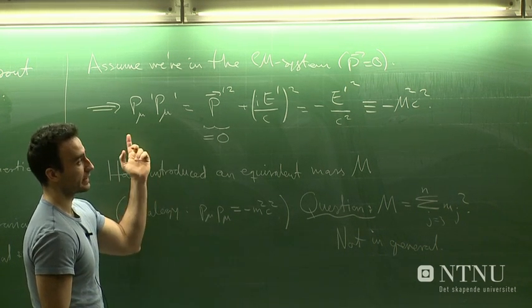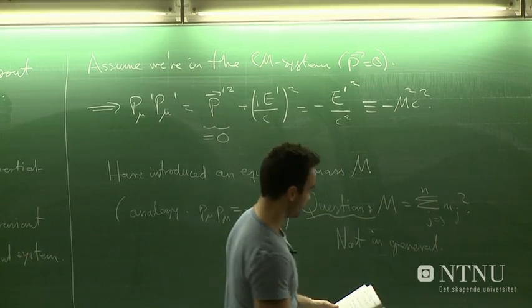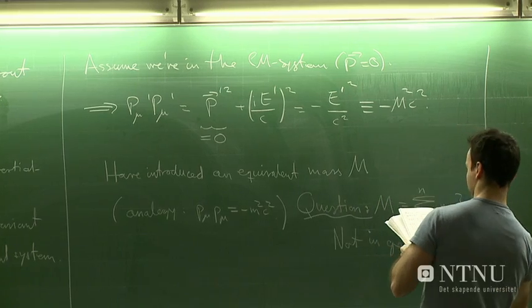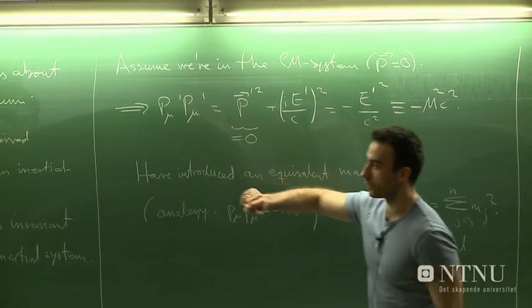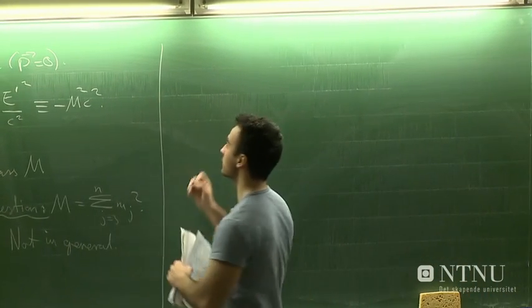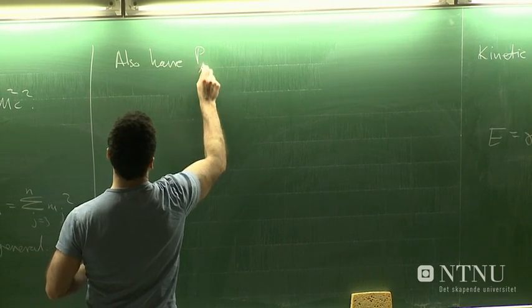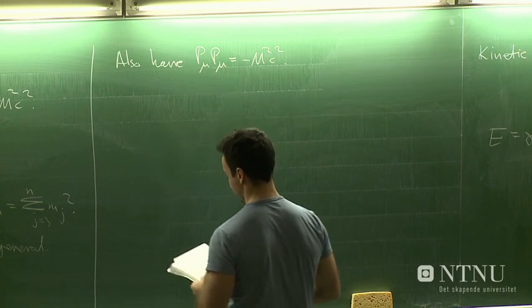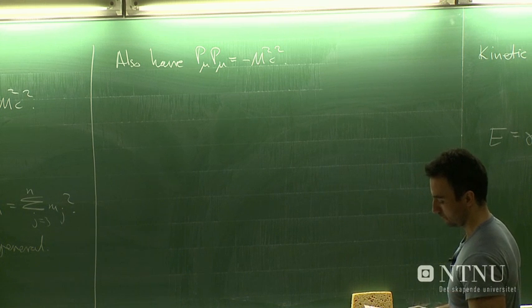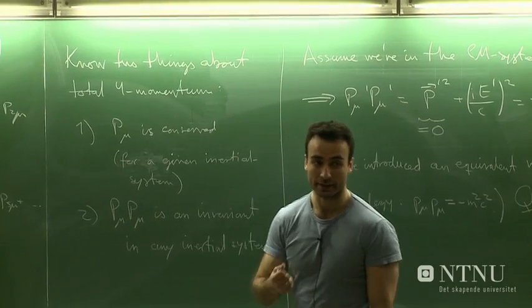So we've now evaluated this invariant in one system, the center of mass system, in which case we found it to be equal to this. Now, this is an invariant quantity, so we have to have the same before the collision. Now, this p mu is a bit more tractable to handle because it only involves two particles.